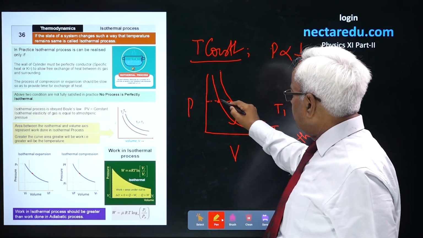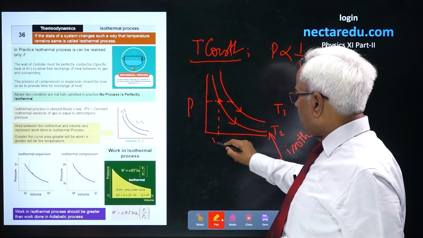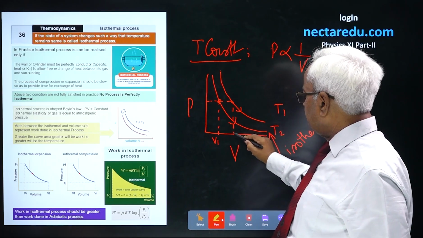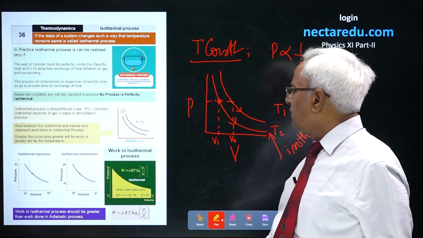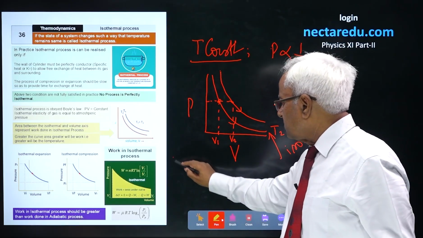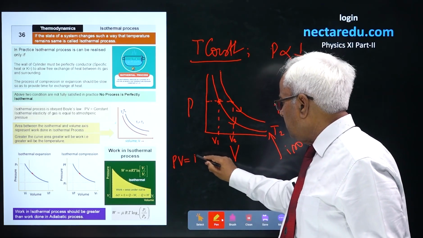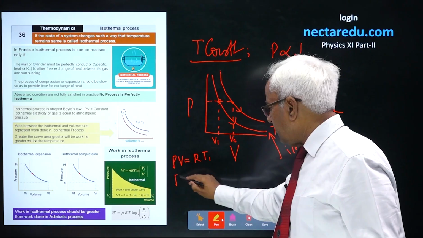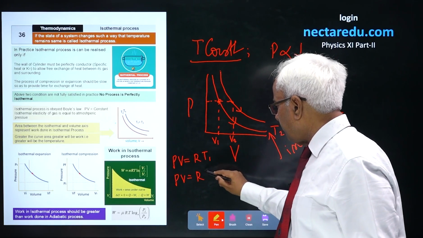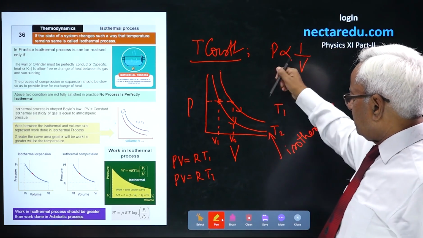At this juncture, suppose the volume is V1, and at this juncture it is V2. You could apply the relation PV = RT for the same gas having 1 mole, for which we have plotted the two curves.